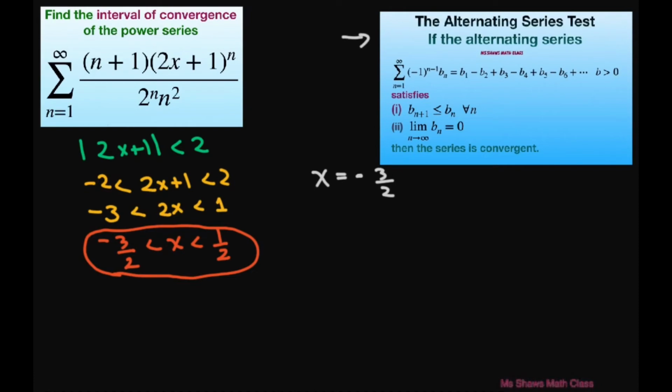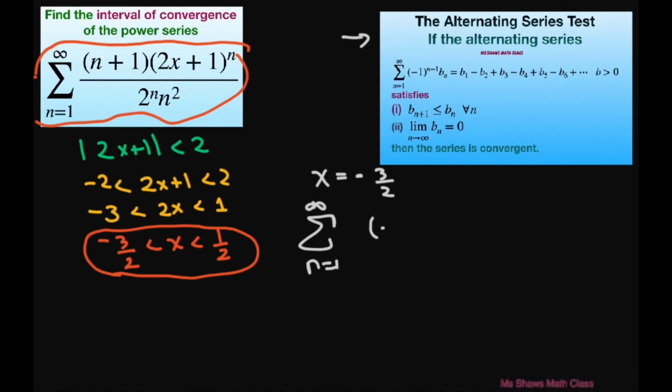So if we do that, we're going to get the sum of n equals 1 to infinity. And I'm looking at this right here, so I don't have to keep writing it. This is going to equal negative 1 to the power of n times n plus 1 divided by n squared.